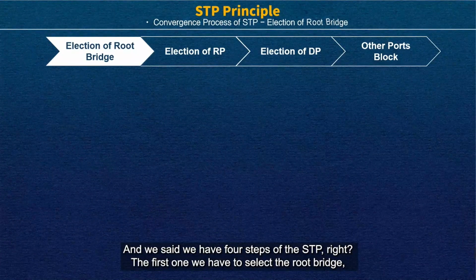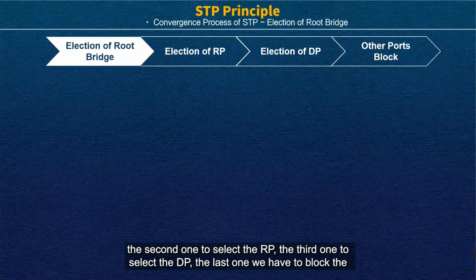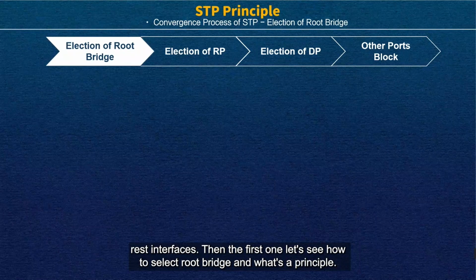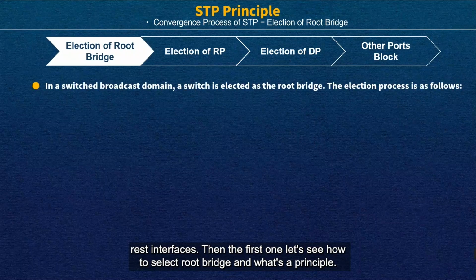So this is the second part. And we see we have 4 steps of STP, right? The first one, we have to select the root bridge. The second one, select the RP. The third one, select the DP. The last one, we have to block the remaining interfaces. Then the first one, let's see how to select the root bridge and what the principle is.